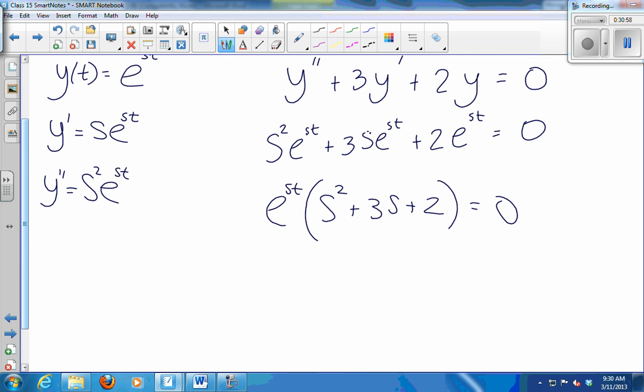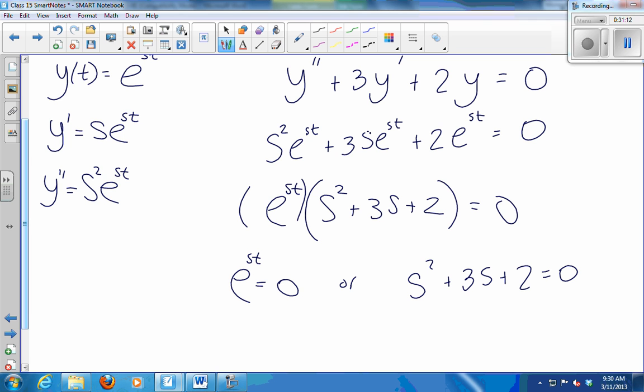So I've got two things I'm multiplying together. The answer is 0, so one or the other has to be 0. When does e to the something ever equal 0? Never, right? And then I have a simple quadratic I have to solve.